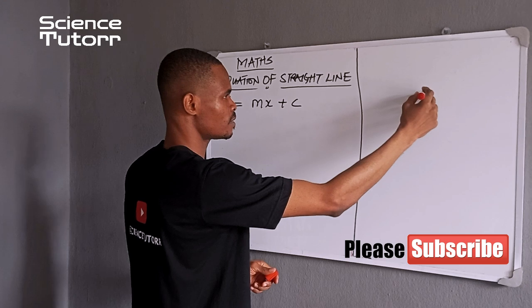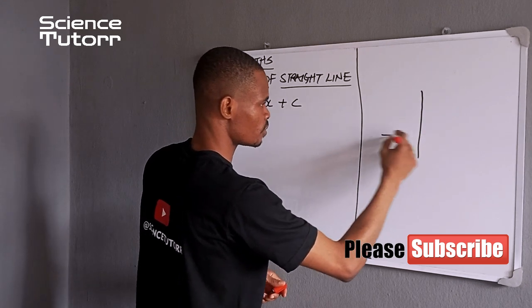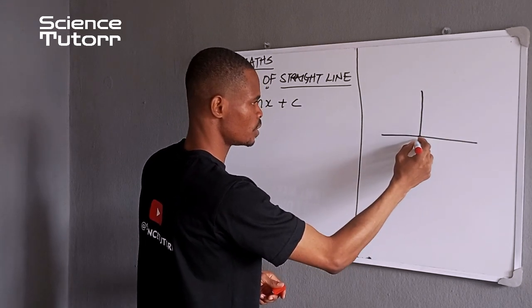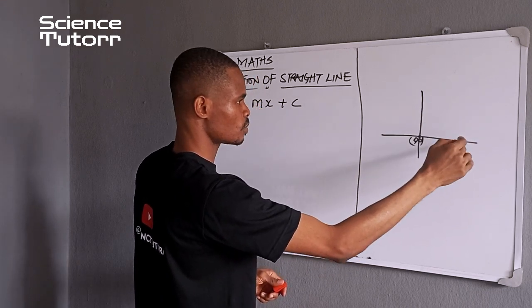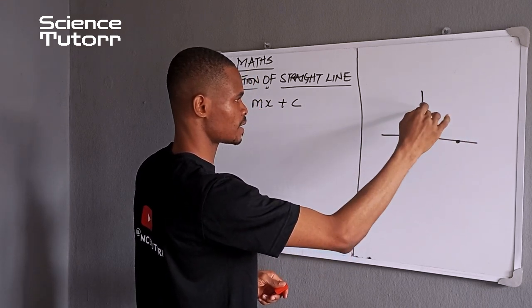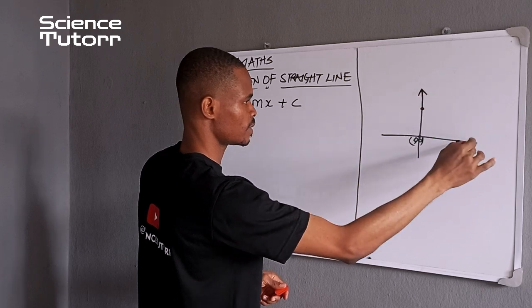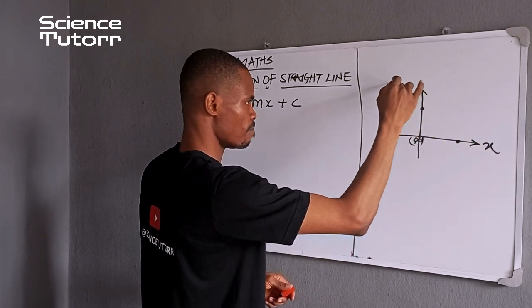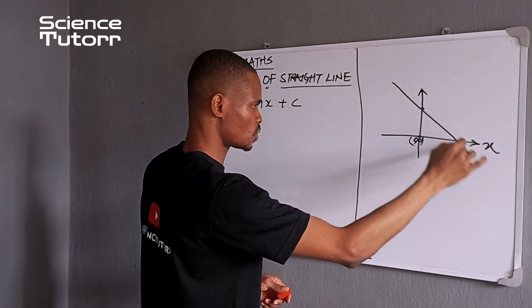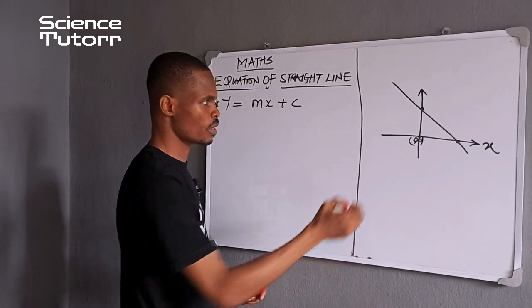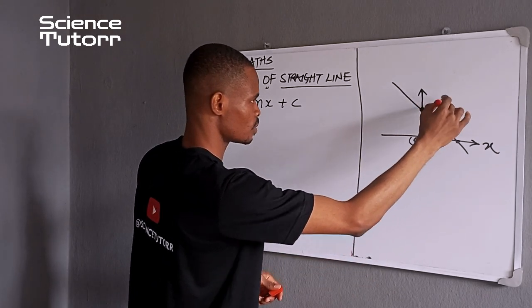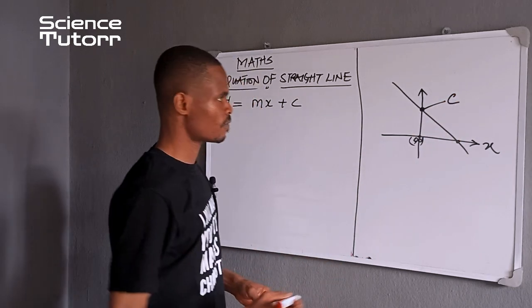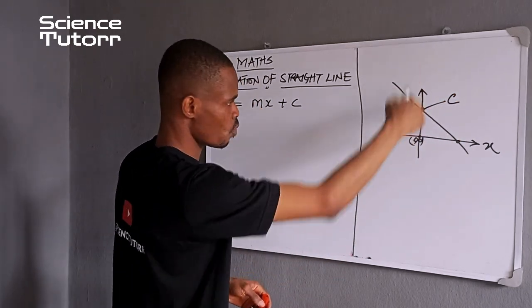So if we are having a graph of this nature, this is our origin, 0, 0, and this is the x-axis and this is the y-axis. If I make a line of this sort to pass through that point, the intercept is the point c, where the graph or the line cuts the y-axis.